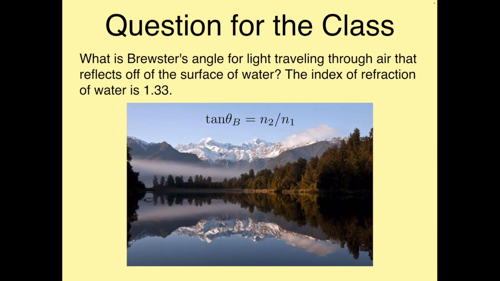Now, to do this calculation, we need to know that the index of refraction of water is 1.33. Remember, Brewster's angle is the angle of incidence that the light wave comes in with, such that the reflected light is completely polarized. So pause the video, try to work this out, the equation's given here, and then come back to it when you have your answer.